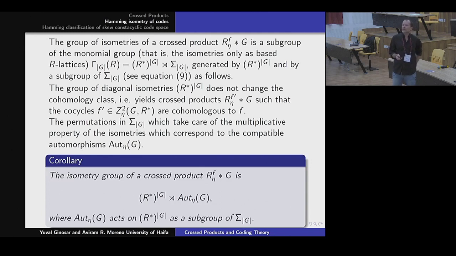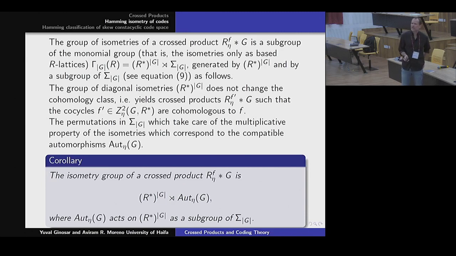Corollary: the isometry group of a cross product is just R* to the |G|, and instead of taking the semi-direct product with all the symmetric group, we take the compatible automorphisms. So this is the isometry group.